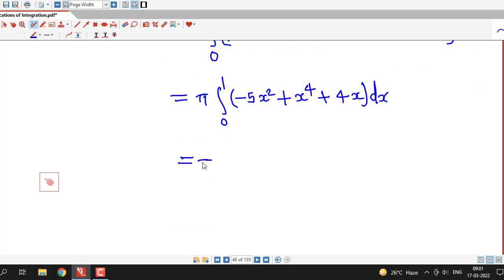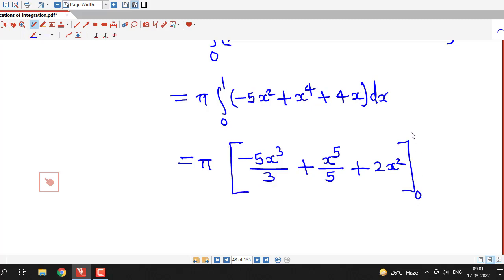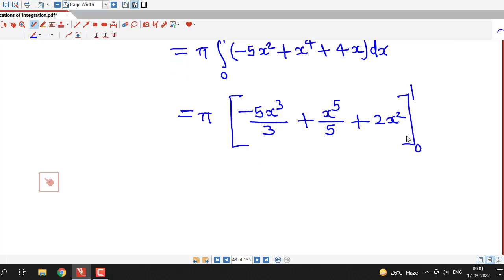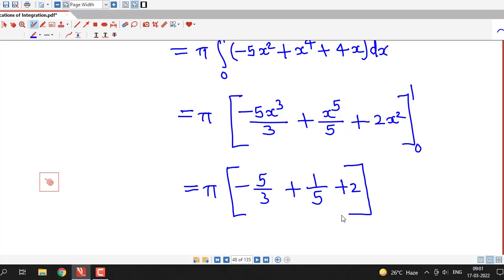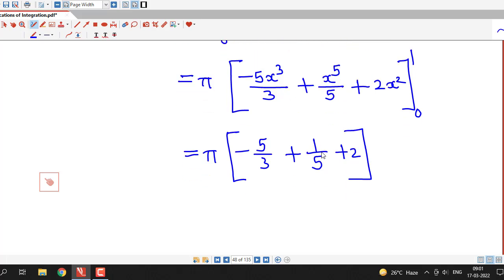Now integral is pi times minus 5 integral of x square is x cube by 3, integral of x raised to 4 is x raised to 5 by 5, plus 4 into x square by 2, 2 will cancel out, and limits of integral are from 0 to 1. So first we put x equal to 1, and we have minus 5 by 3 plus 1 by 5 plus 2. For x equal to 0 we will obtain 0.